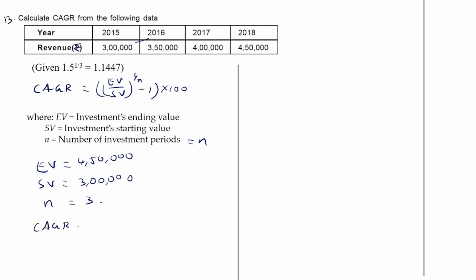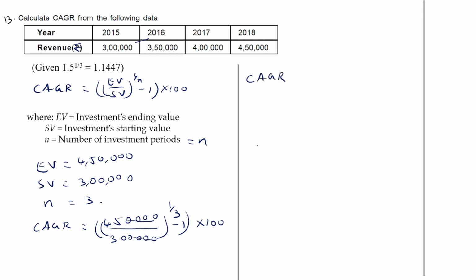From this we can find the compound annual growth rate. 4,50,000 upon 3 lakh, the whole raised to 1 by 3 minus 1 into 100, or it is equal to this.